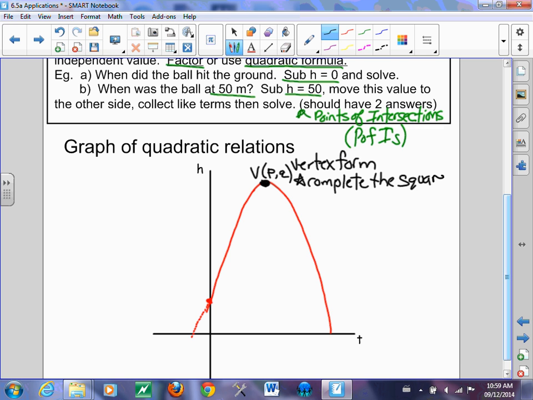It's a maximum if it opens down, and a minimum if it opens up. But if you need to get to the vertex, you're usually going to complete the square. That's one aspect.